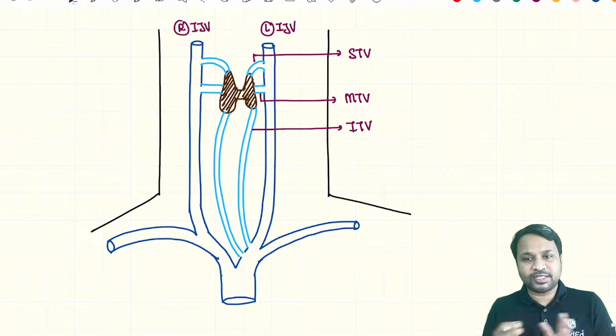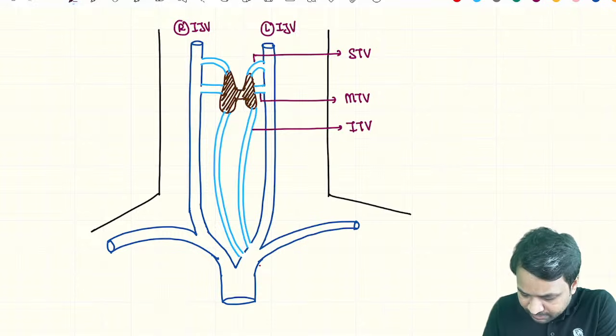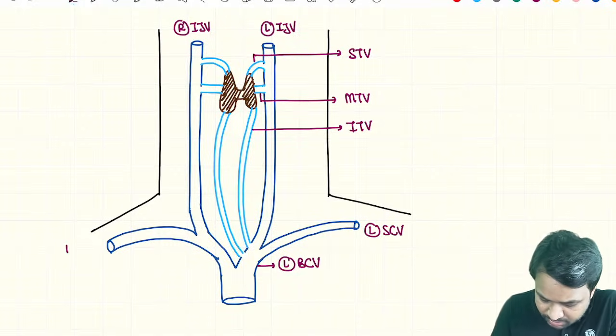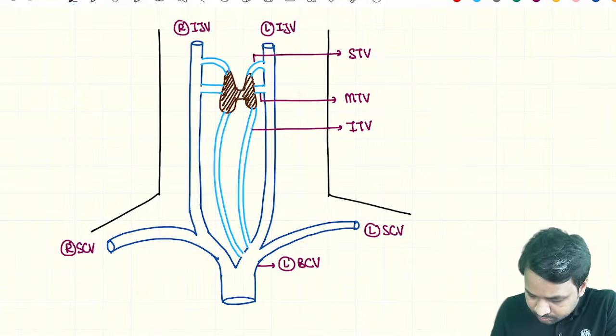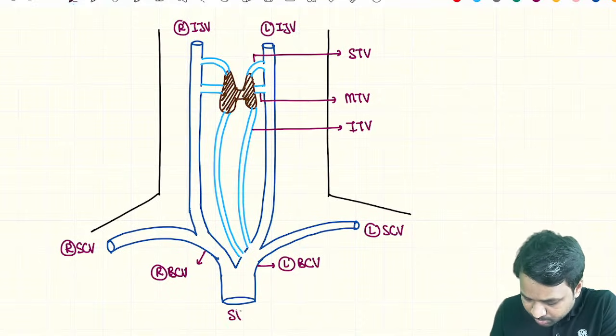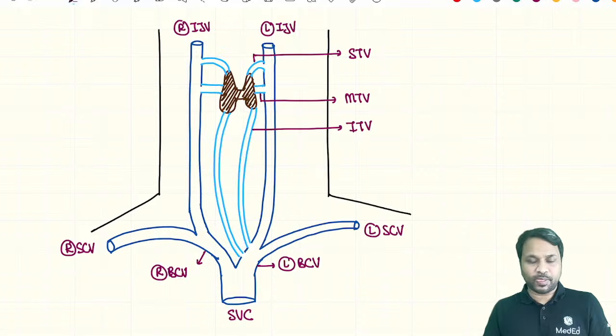Now all these three veins are going to drain the thyroid gland, and they drain into the left brachiocephalic vein. This is the left brachiocephalic vein. This is the left subclavian vein. This is the right subclavian vein, and this happens to be the right brachiocephalic vein. And together they open into the superior vena cava.